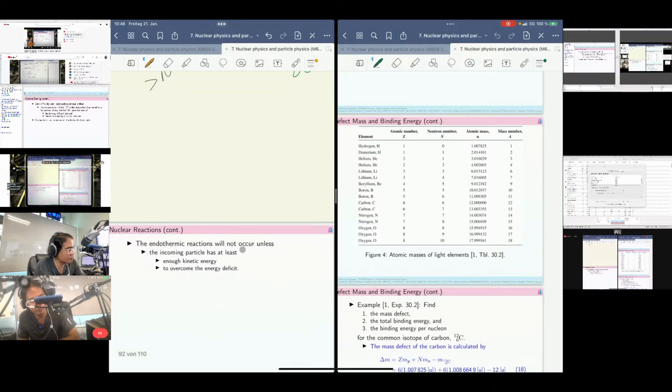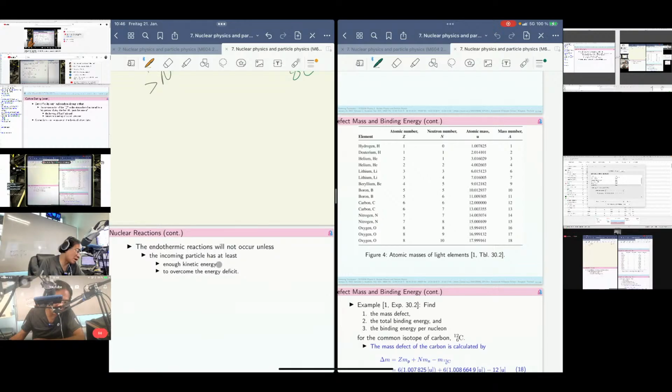You need to accelerate the particle with at least that amount of energy, and once you have sufficient kinetic energy, it can drive the process and overcome the energy deficit.